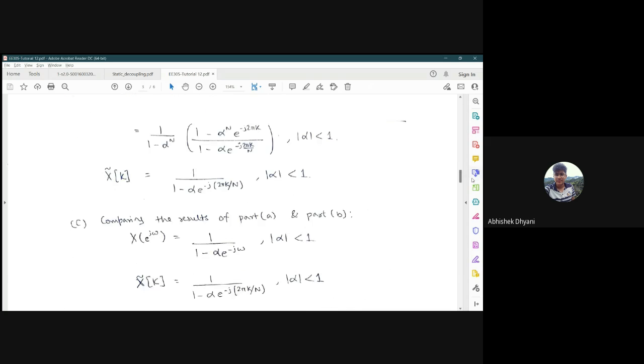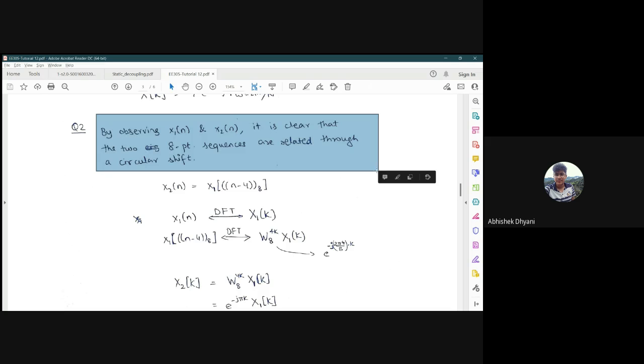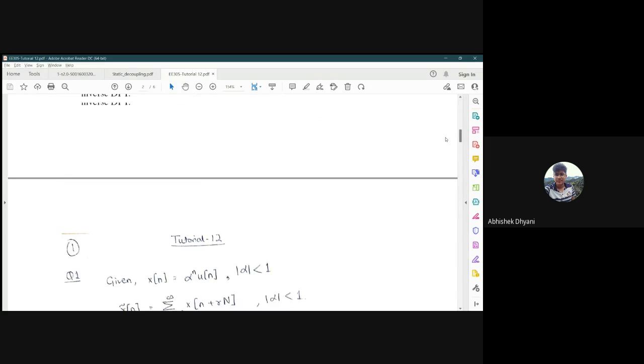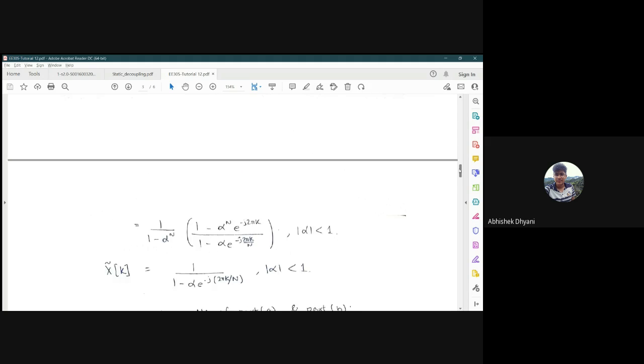So let me go to the solution. Yeah. As it says here, by observing x1n and x2n, it is clear that the two 8-point sequences are related through a circular shift, right? So how is the circular shift there? If you see that A, which is at 1, goes to A here, which is at 5, so there is a shift of 4 indexes, right? From 1 we have gone to 5.